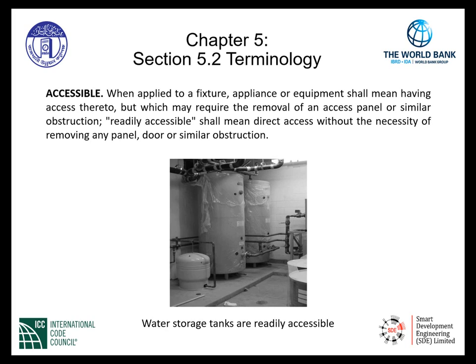Now, if we had a valve, let's say, behind a wall, we could use an access panel on the surface of the wall to gain access to the valve behind the wall. That would be an accessible valve.